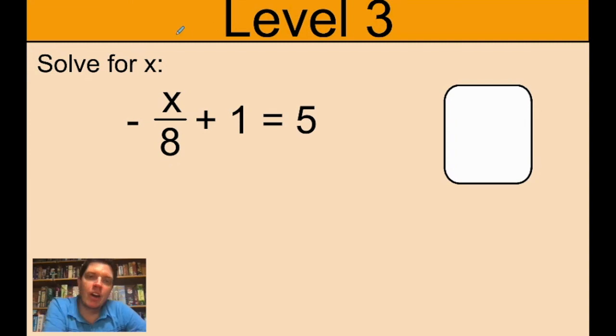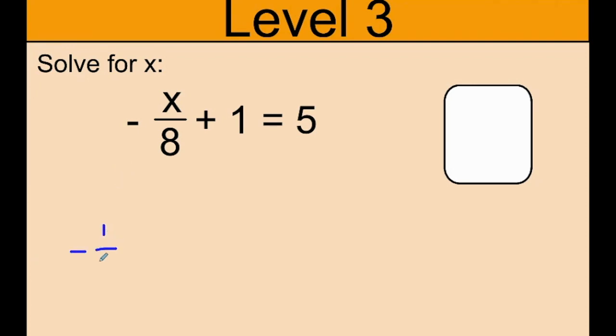Next one. Here's the trick on this one. Sometimes it's tough to know what to do with a minus sign in front of a fraction. But something we talked about in class is that negative, let's use 1/2 really fast, -1/2 is the exact same as the number -1/2, which is the exact same as 1/2.